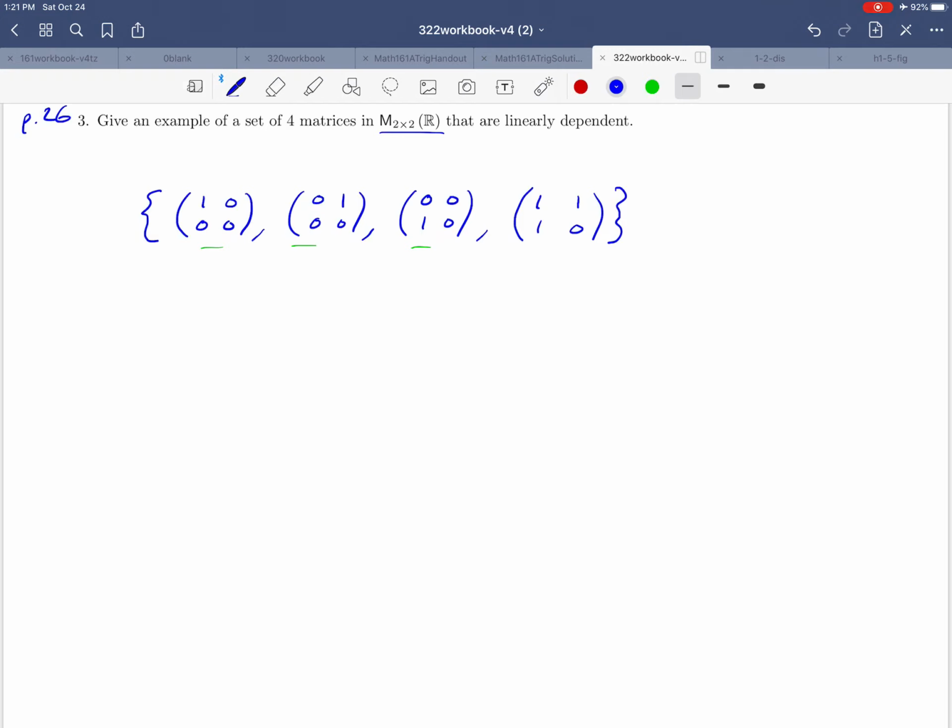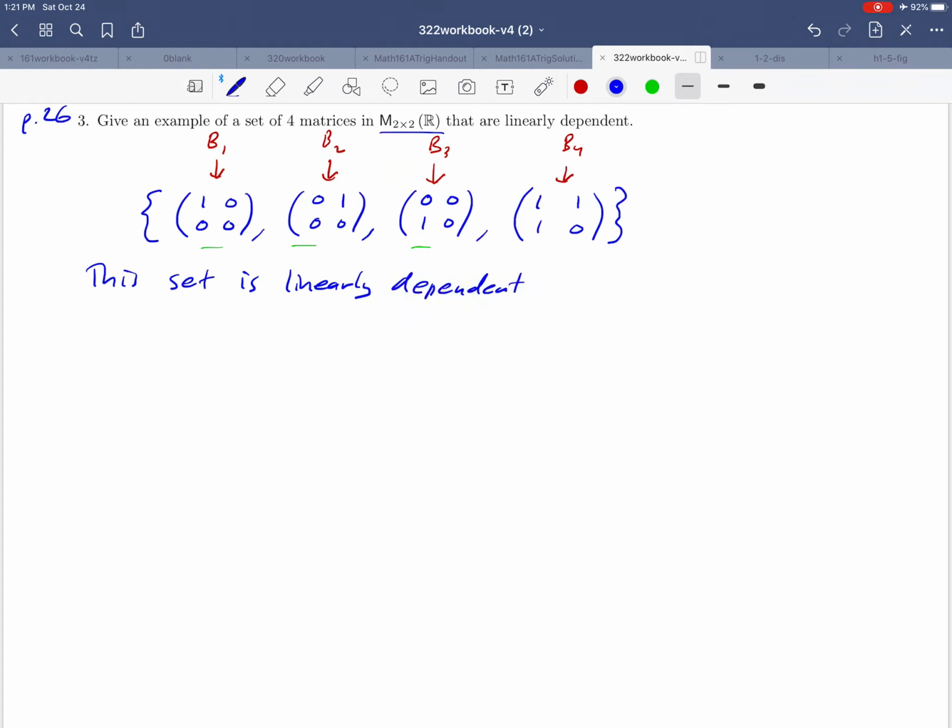Okay, and just to make this a little easier to talk about, I'm going to name these matrices. Let's just call them B1 through B4. Okay, and let's just re-emphasize why it is that this example works. This set is linearly dependent.